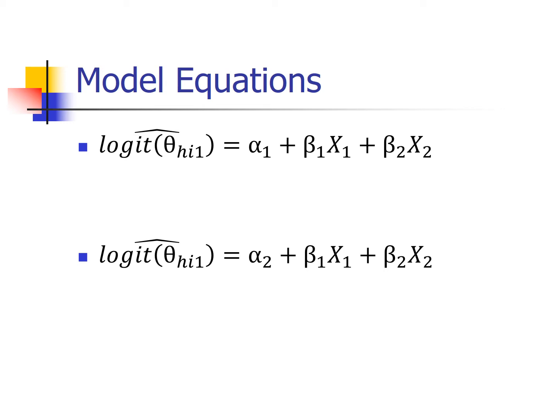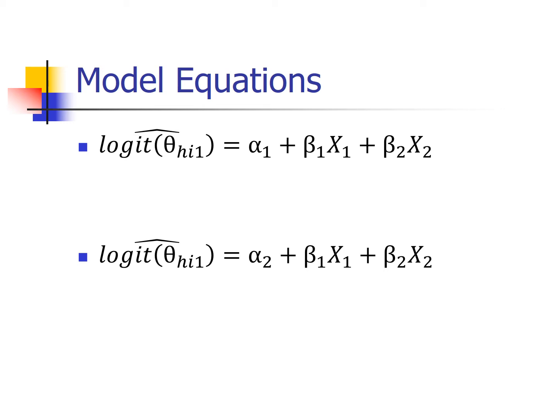So what do we have? We have 4 parameters that need to be estimated: alpha 1 and alpha 2, and then beta 1 and beta 2. The proportional odds assumption is assuming that the beta slopes are the same in each equation. Now, this does not have to be true.